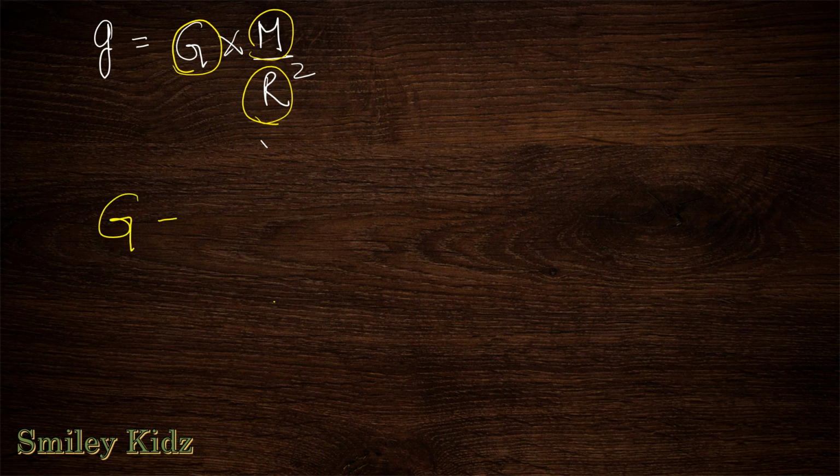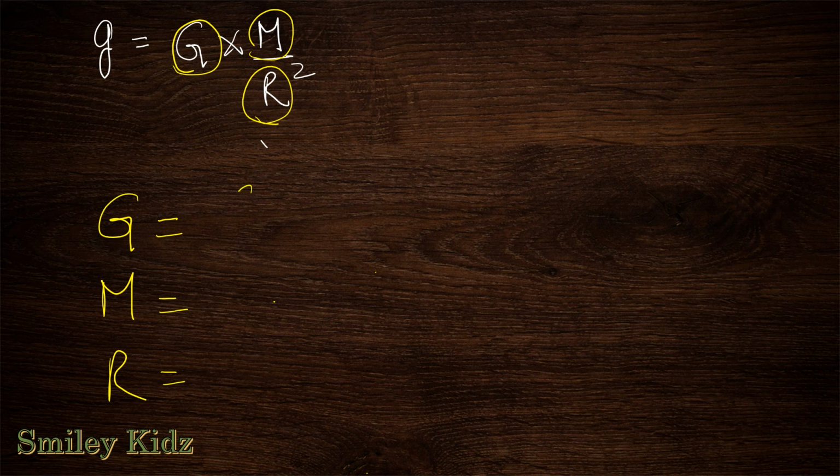g is equal to G into M upon r square, where small g is the acceleration due to gravity, capital G is the gravitational constant, M is the mass of the earth, and r is the radius of the earth. Now, what are the values for G, M, and r?